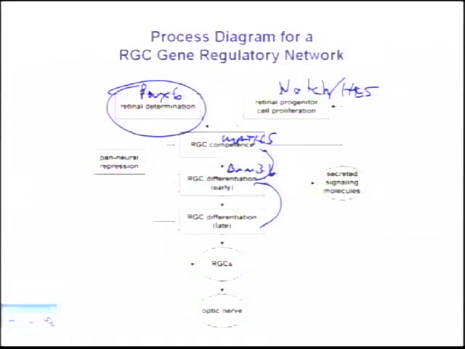Now, how do we do these experiments? Well, we turn to a bioinformatics approach, and mostly we've used microarray analysis and other forms of gene expression analysis to identify genes that are dependent on MATH5 for their expression and dependent on Brn3b for their expression, and try to build the network in that way.